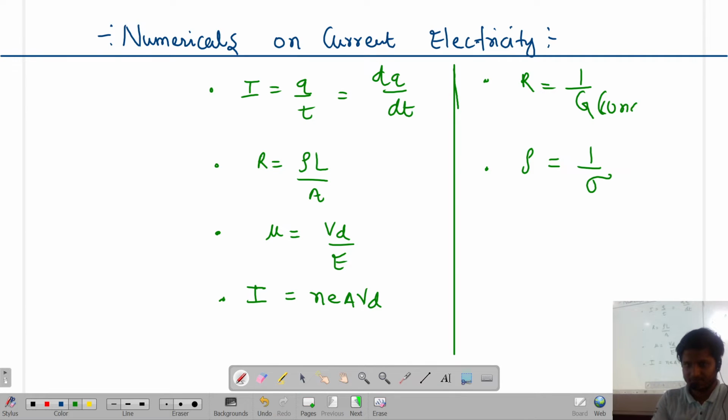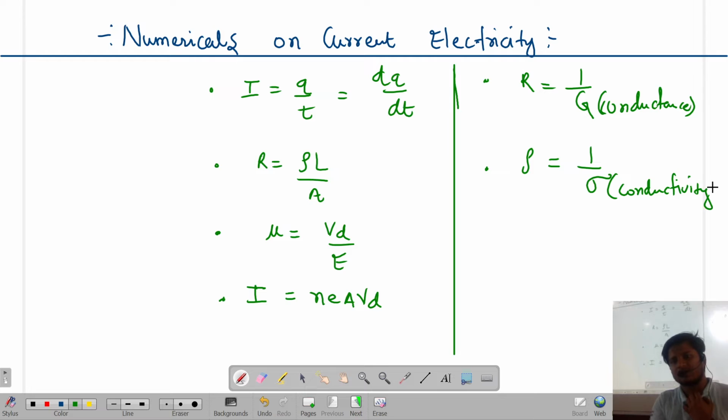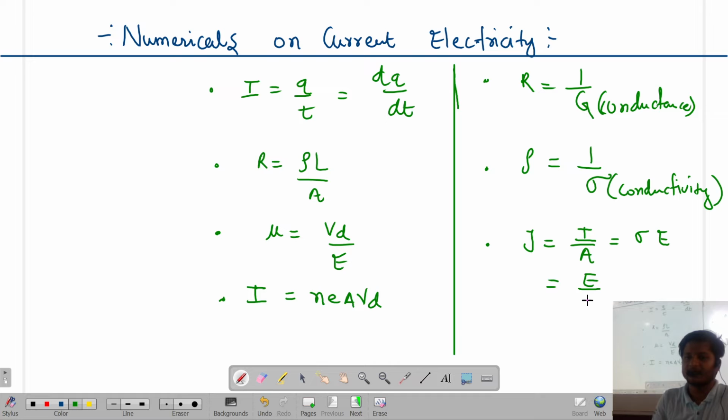Next, the last formula involving sigma: current density J is equal to I by A, and it is also equal to sigma E, conductivity into electric field E, or electric field by resistivity.